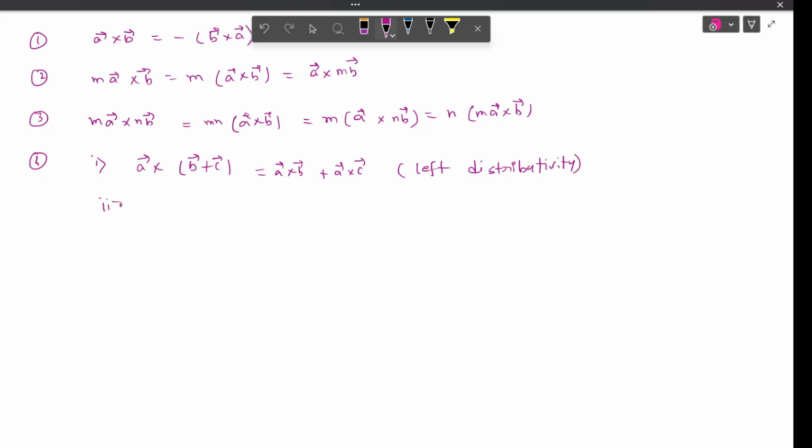And if we have B plus C cross A, then this would be B cross A plus C cross A. This is right distributivity.